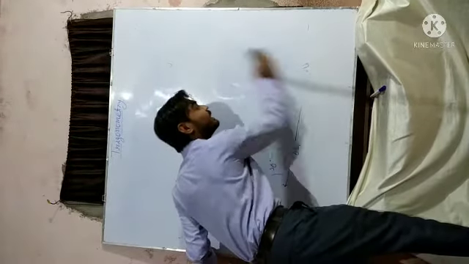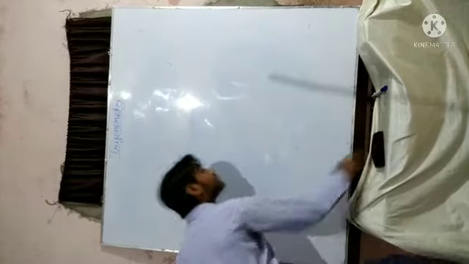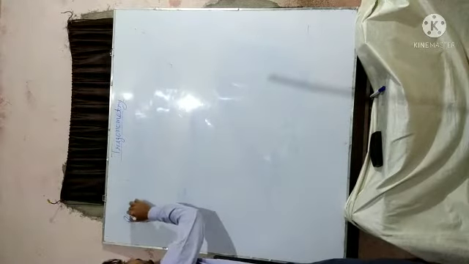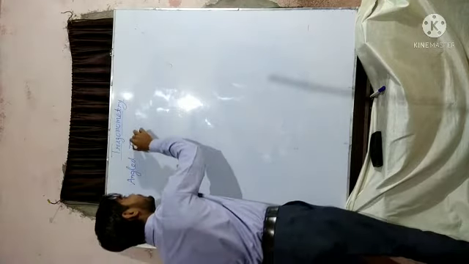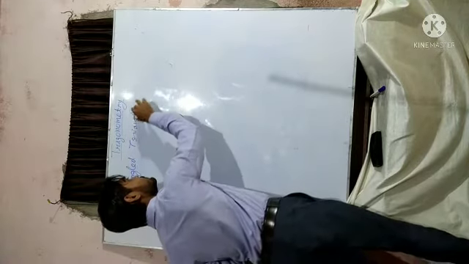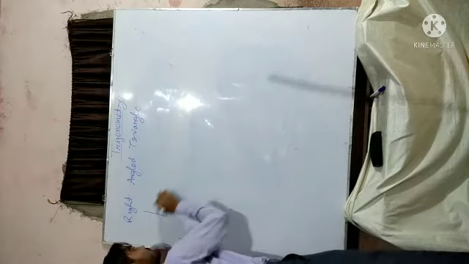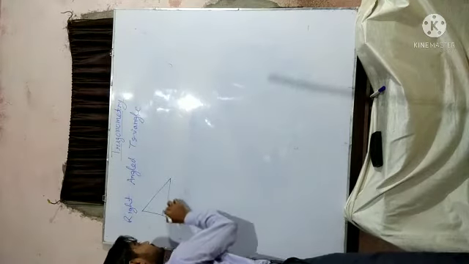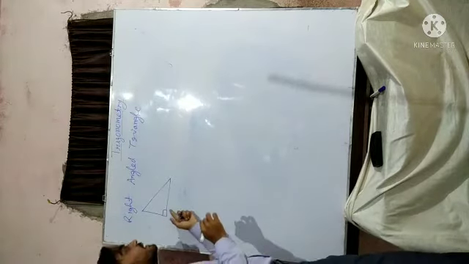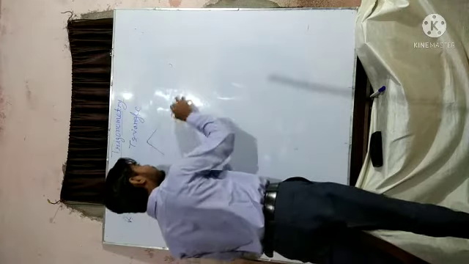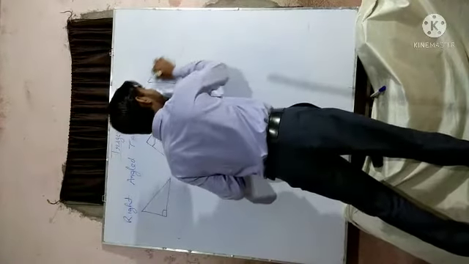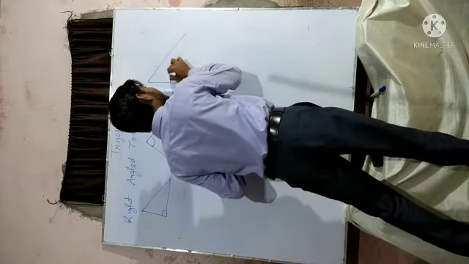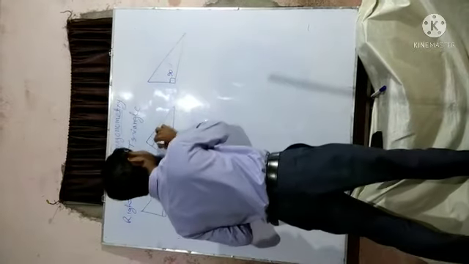Right angle means 90 degrees. This is a right angle, so this is a right angle triangle, and if we take this as 90 degrees, then this is also a right angle triangle. And if we take this triangle, this one is also a 90 degree right angle triangle.